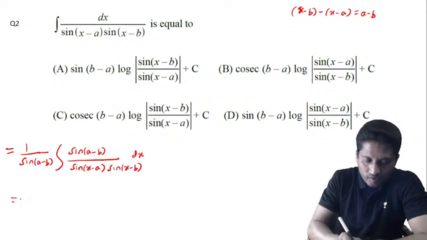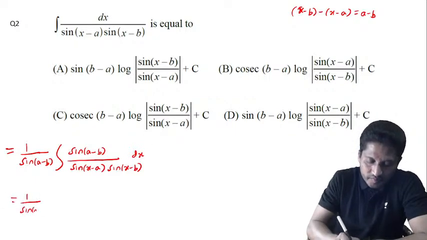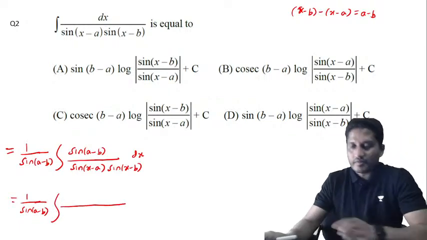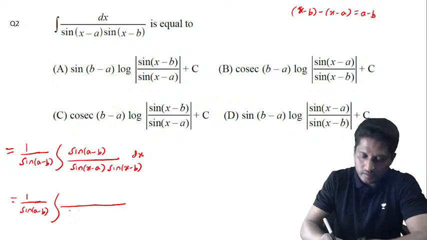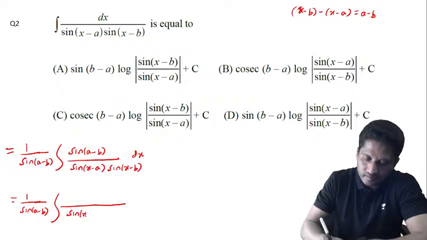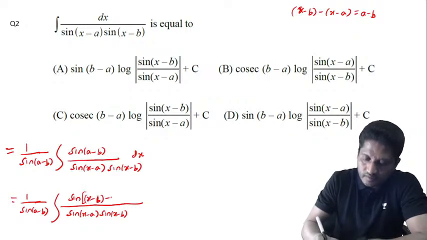Alright, now this is 1 divided by sine of a minus b, then whole divided by, this is sine of a minus b into sine of x minus a, x minus b. Okay, sine of a minus b can be written as x minus b minus x minus a, dx.